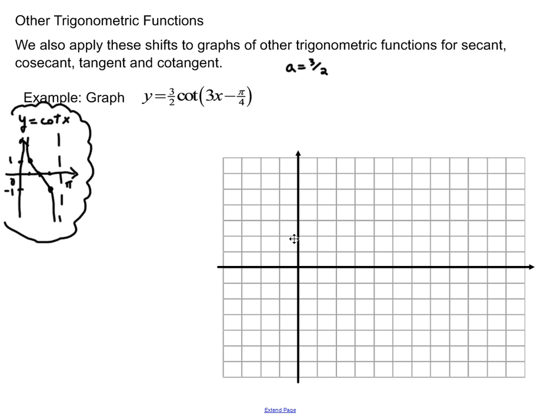So I'll mark these off in halves. This is 1, this is 2, so 3/2 is right here in between. And here's negative 1, negative 2, and so on along my y-axis. I always label these axes completely. I don't want to lose points on my test.